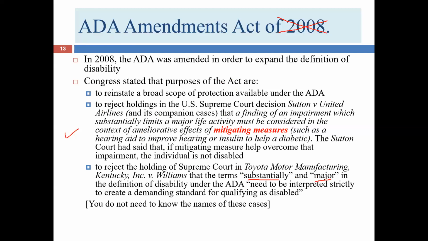And the U.S. Supreme Court said that these were pretty high hurdles, that substantially had to be a pretty significant problem for the ADA to kick in, and that major applied to pretty significant body processes. But again, the Congress said, no, we don't want these terms to be roadblocks to a significant number of people receiving protection under the Americans with Disabilities Act.